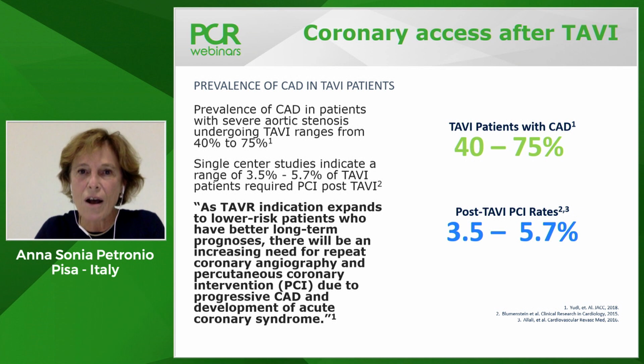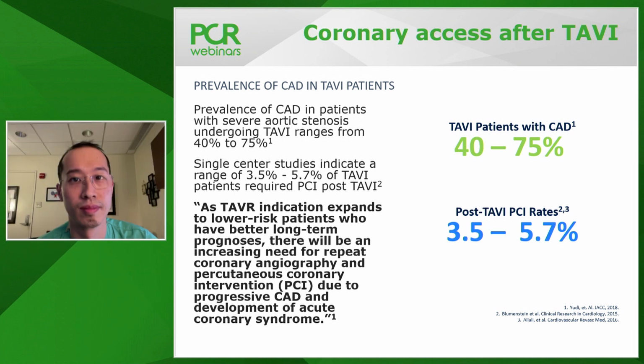So I would like to ask Gilbert, because you've been studying a lot the position, the anatomy, the structure of these valves: what do centers really need to understand and know, so they don't panic and are able to succeed any time they need to perform coronary angio?